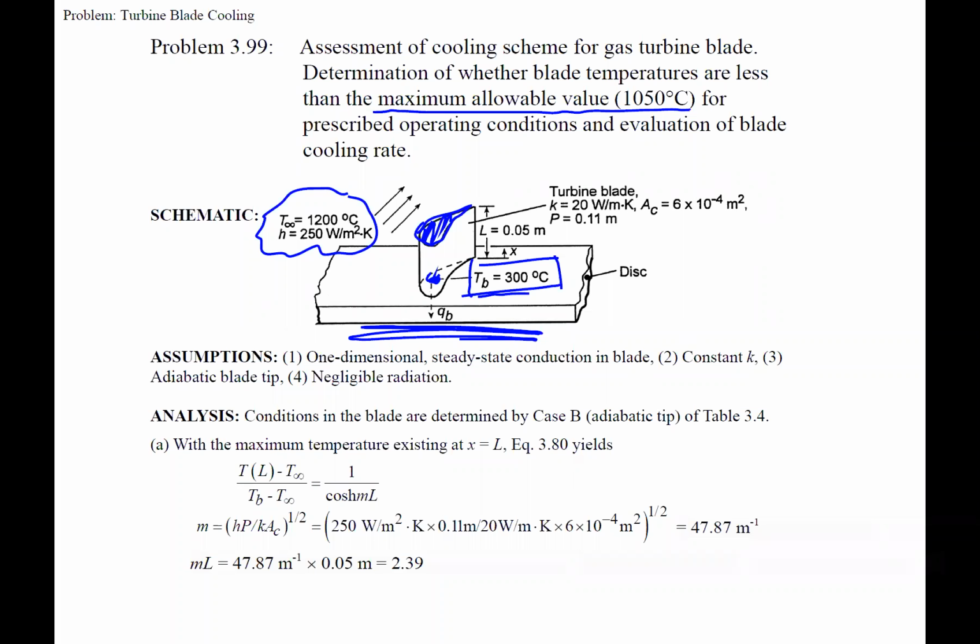In this case, the cooling air is the high temperature, and we're trying to get rid of that through the cooling going down through the base, which is held at 300 degrees Celsius. So the tip is going to be the hottest because it's going to be the furthest away from that cool temperature.